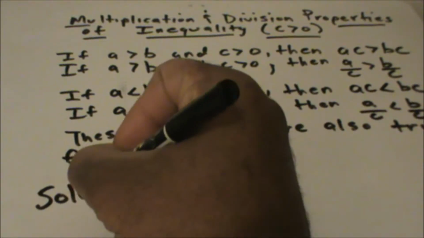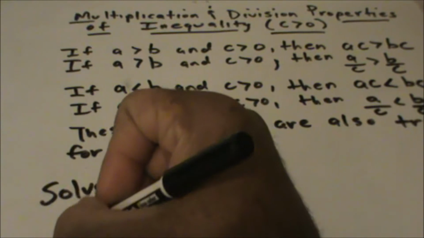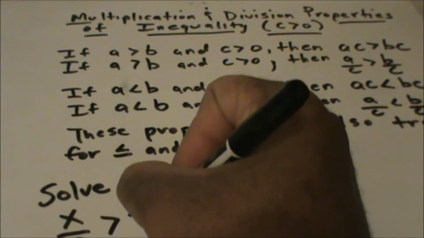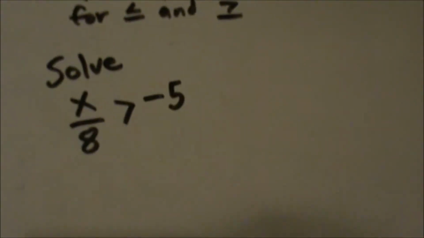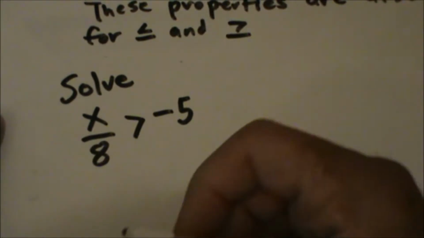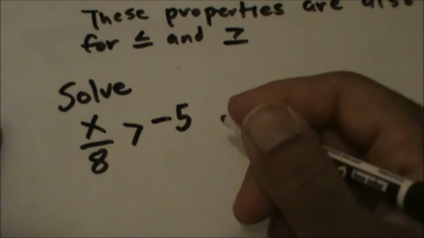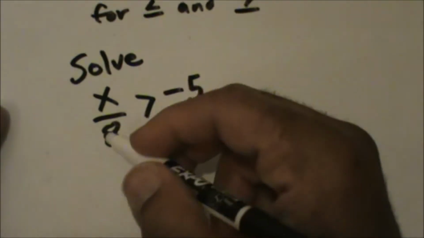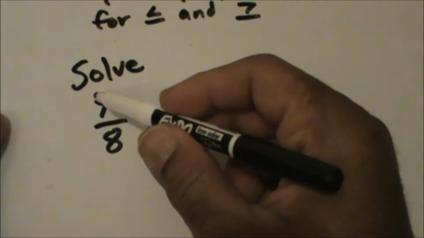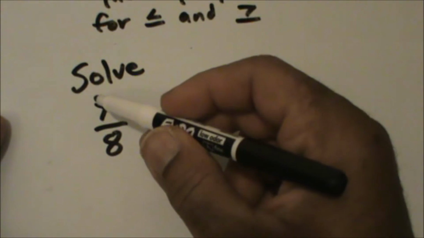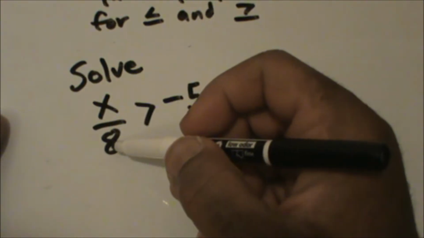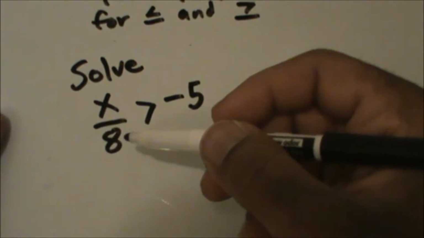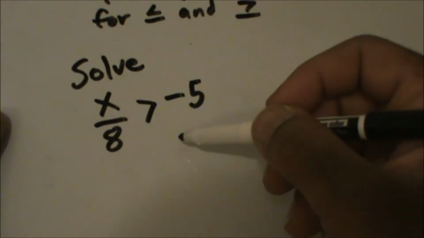Solve x over 8 greater than negative 5. So x over 8, or 1/8 x, is greater than negative 5. When you have a fraction where your variable is in the numerator and the number is in the denominator, you multiply by the number in the denominator on both sides of the inequality.